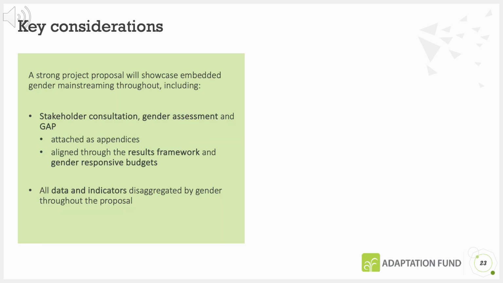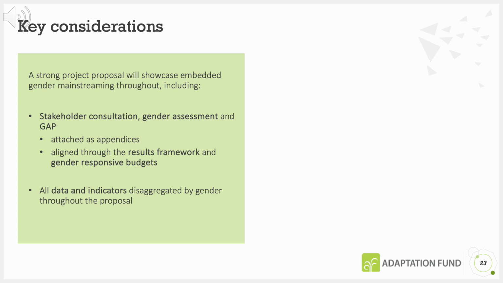Key considerations for gender mainstreaming at the project proposal stage. A strong project proposal will showcase embedded gender mainstreaming throughout, including stakeholder consultation, gender assessment, and gender action plan, attached as appendices, aligned through the results framework, and with sufficient resources to be implemented, namely gender-responsive budgets.